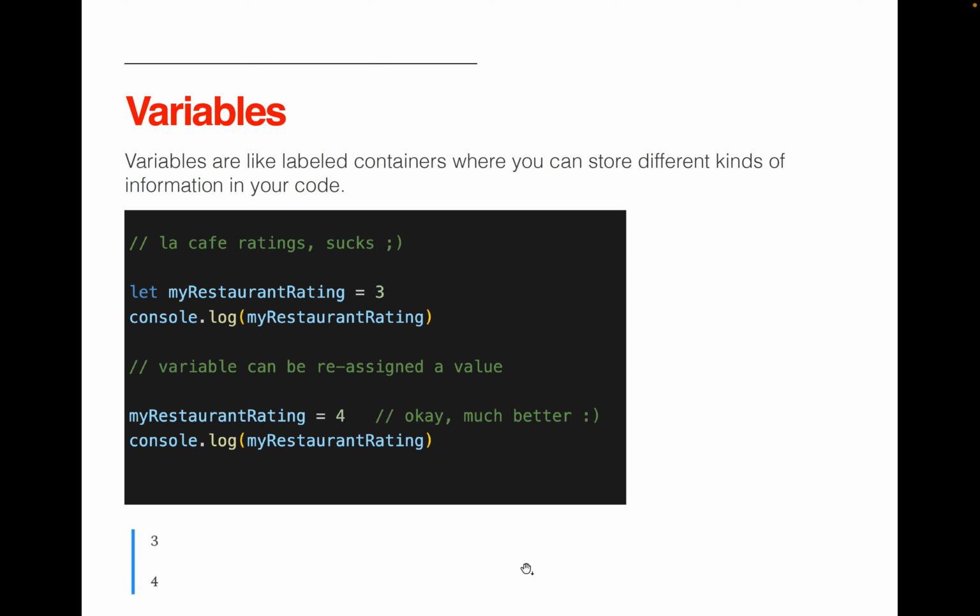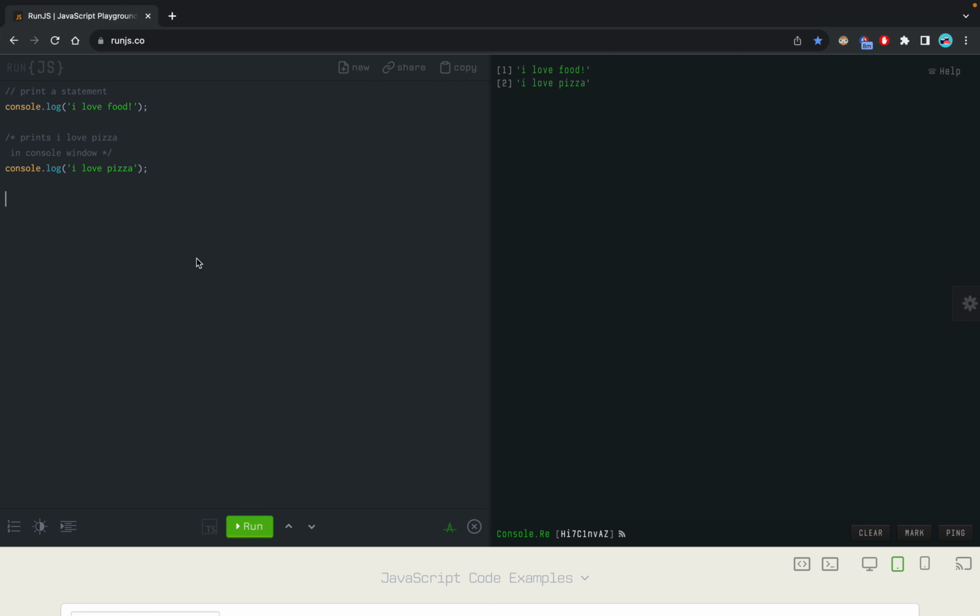Now let's do some hands-on coding to see and understand variables much better. To understand variables, let's write one. We can use let to create a variable. Let's say our variable name is score.